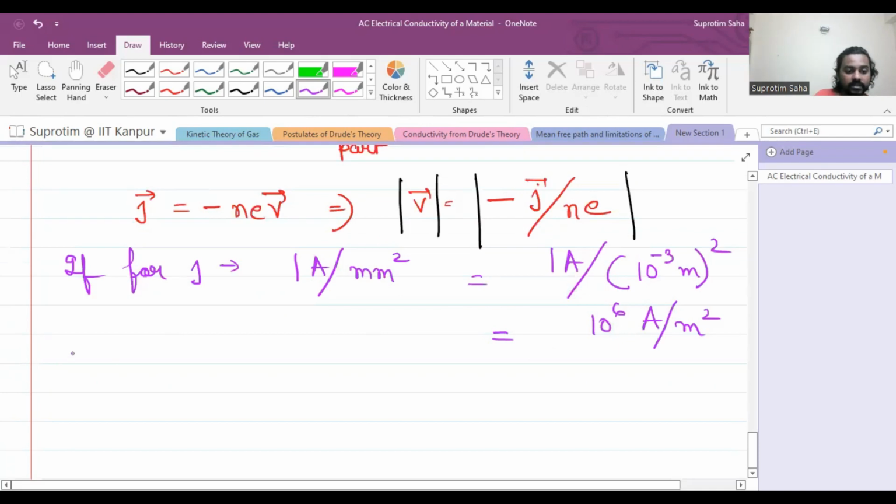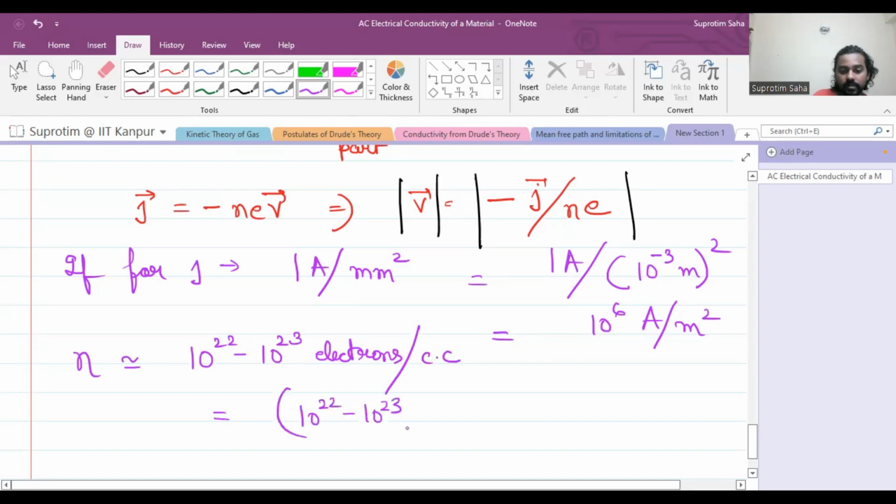And from last lecture, we calculated n is of the order of 10 raised to 22 to 10 raised to 23 electrons per cc, which is 10 raised to 22 to 10 raised to 23 divided by 10 raised to minus 2 cubed.